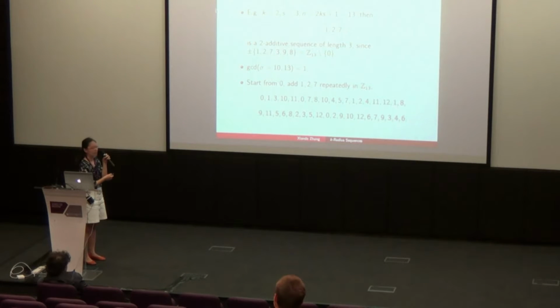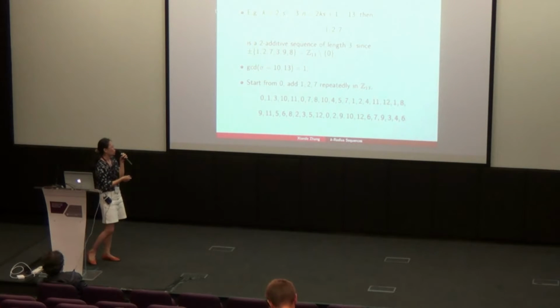The sums of two consecutive terms are 1 plus 2 equals 3, 2 plus 7 equals 9, and 7 plus 1 equals 8. Then take the positive and negative, it's just Z_13 minus 0. So it's a 2-additive sequence. And sigma, the sum of these 3 terms, is 10, and the GCD is 1. So from this additive sequence, we can construct a radius sequence in this way.